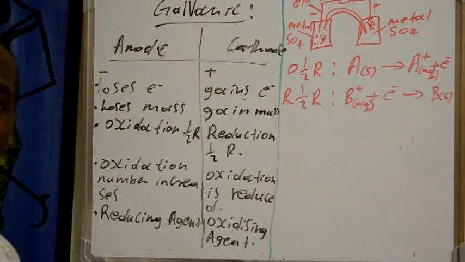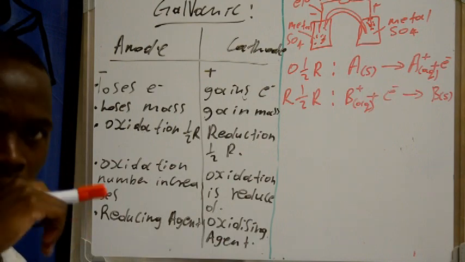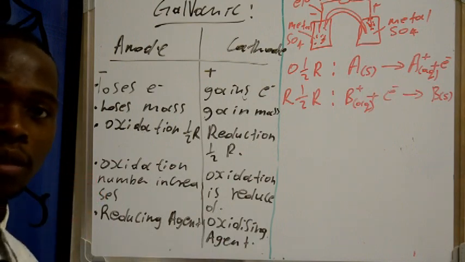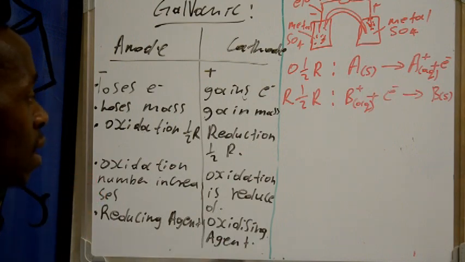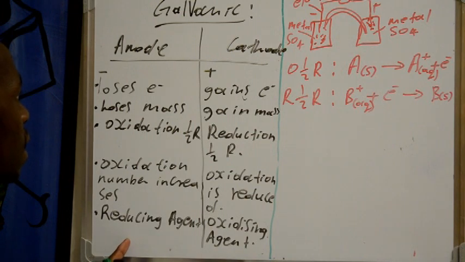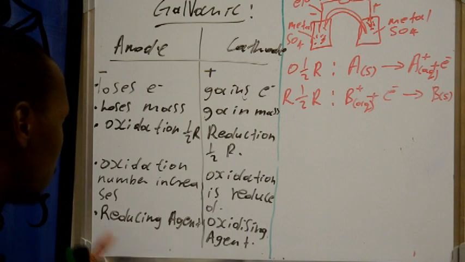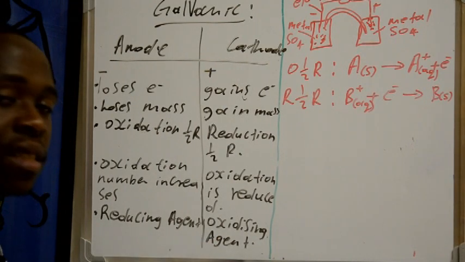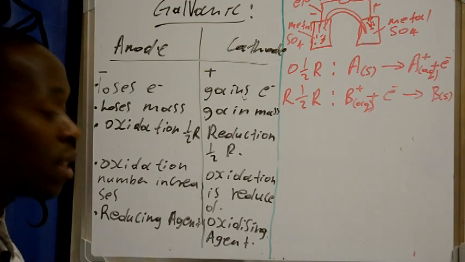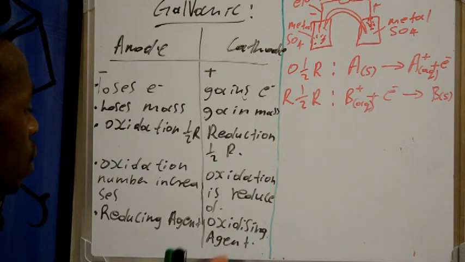I believe more in practical work. I don't believe in theory because I don't see it, but practical work is what I see. So if they tell me the oxidizing agent is reduced, the reducing agent is oxidized.